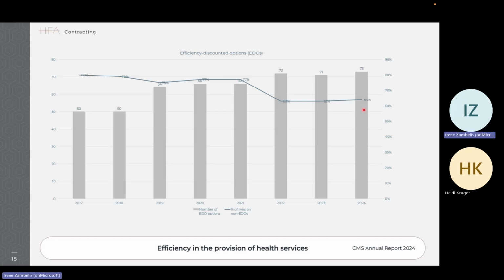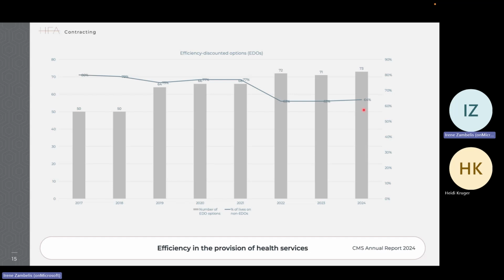Because they were able to negotiate this agreement with the providers, the benefits and the cost savings are shared with the member. So the member then pays a lower contribution for the same option than people that are not part of the EDO.